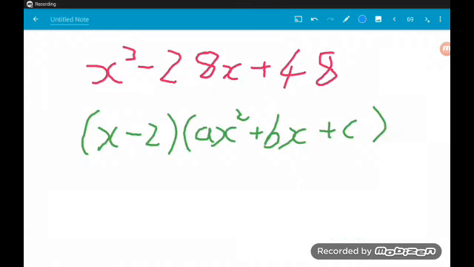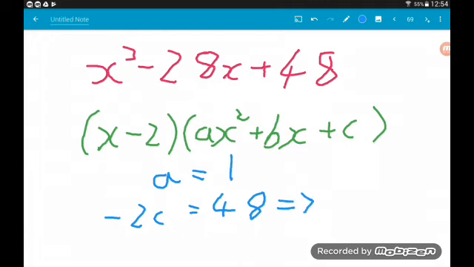Okay, first up then we need to find the values of a, b and c. So, hopefully you can see quite easily that a would be 1. So, a is equal to 1, x times ax squared will give us ax cubed, and we have a single x cubed in the cubic. C, we can work out quite easily. Minus 2 times c is positive 48. So minus 2c is 48.